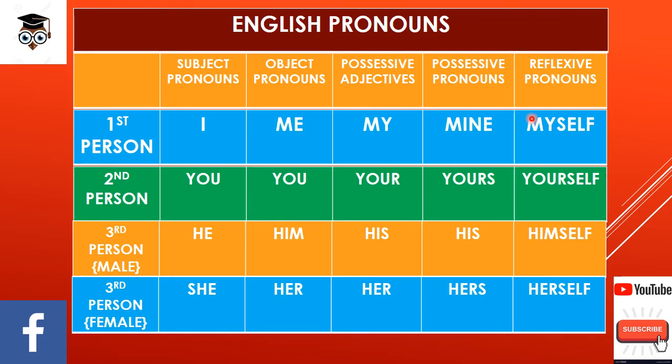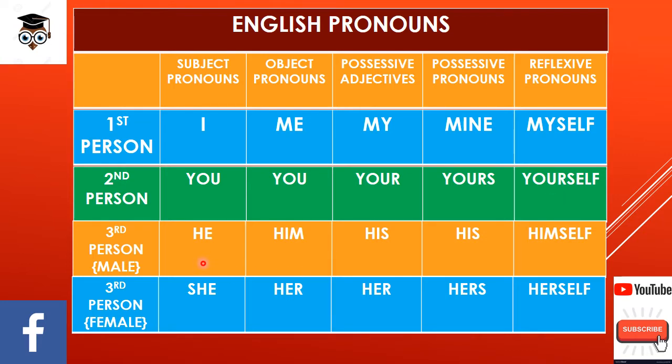If you have done something by yourself, it is called myself, that is the reflexive pronoun. Second person: you, subject, you, object, possessive adjective, your, possessive pronoun, yours, and reflexive pronoun, yourself.